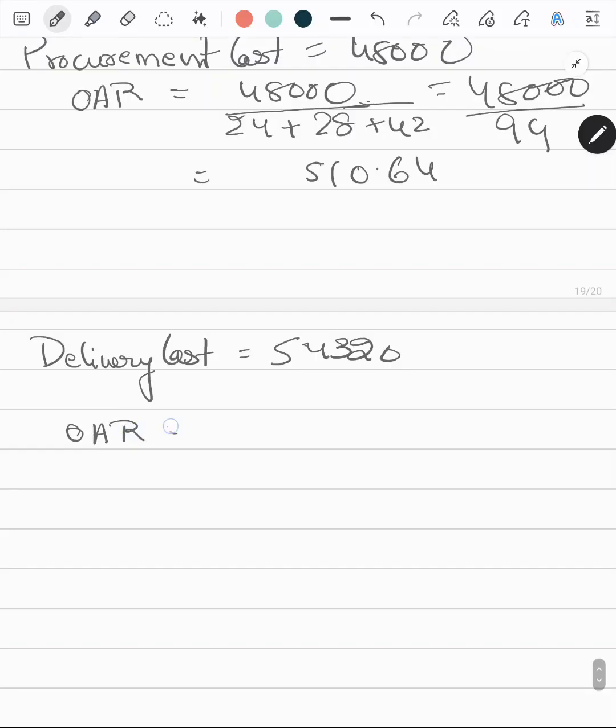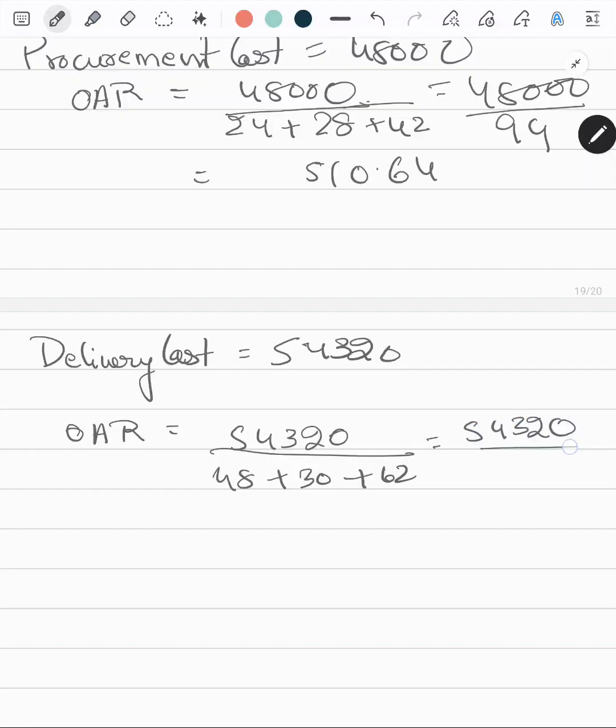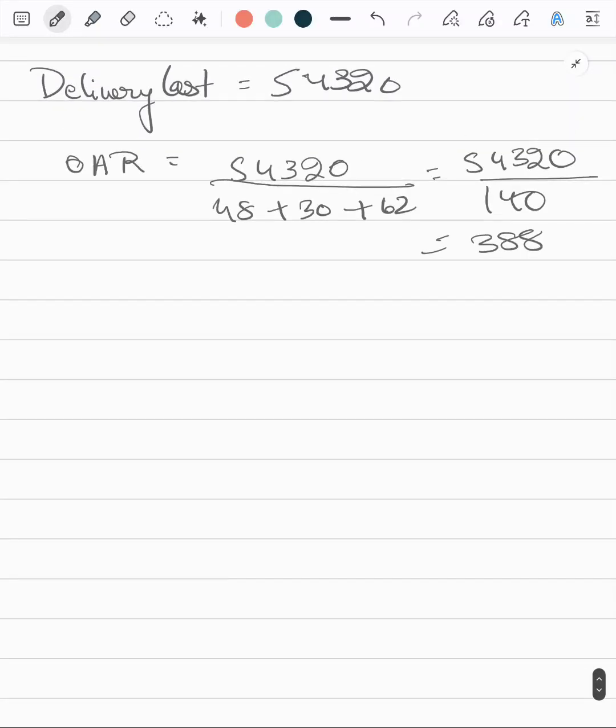It will be dependent on the number of deliveries, which has already been given in the question. Everything has been calculated. Now let's calculate the overhead cost for product B.